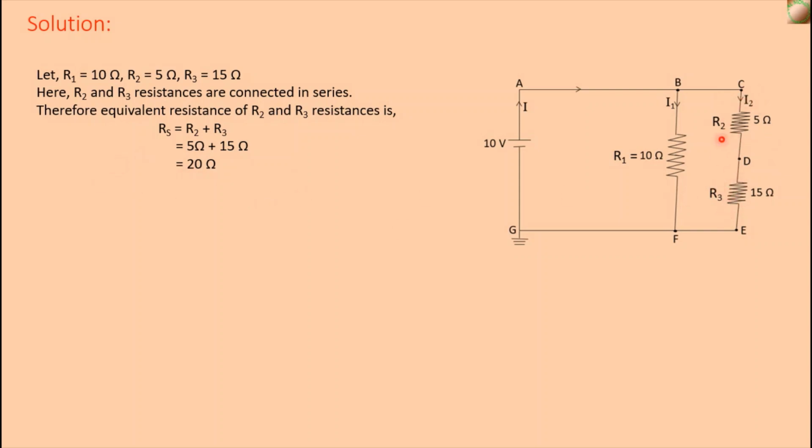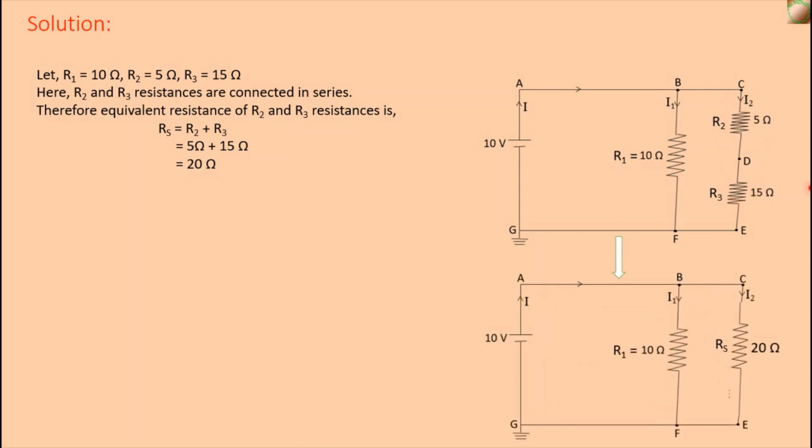This is Rs, the equivalent resistance in series combination of R2 and R3. That is, this 5 ohm and 15 ohm is equivalent to 20 ohm.